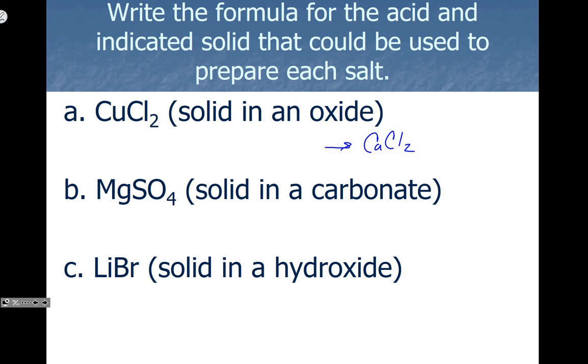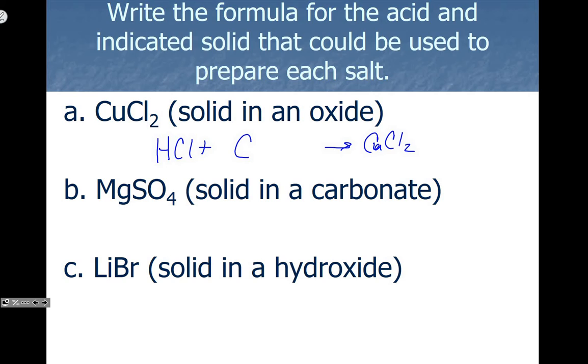So what acid would you use to do this? HCl. How did you get that? The anion, right? The anion came from the acid. So HCl plus, we need an oxide to go with that will help us make that salt. So what oxide would go with that? Ca, right?